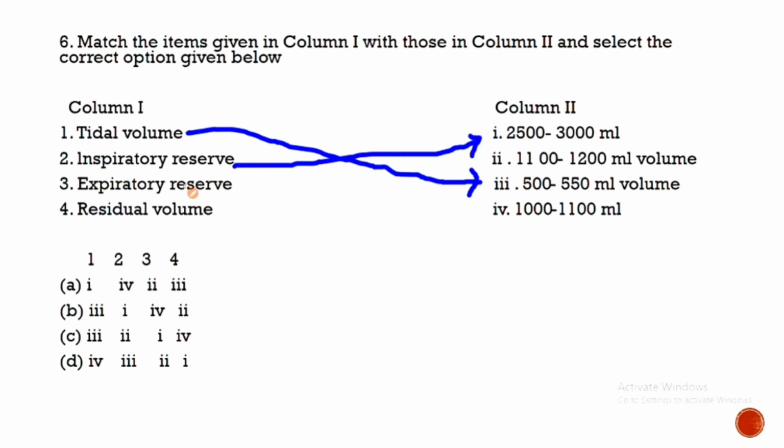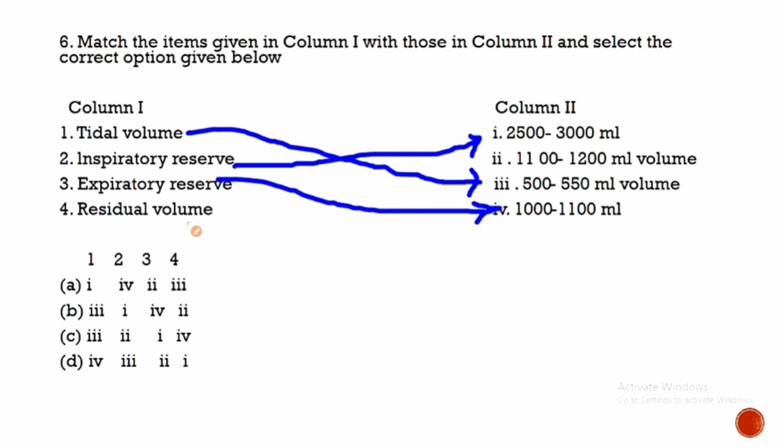Now expiratory reserve volume is the extra amount of air that we can forcibly expire. That volume is between 1000 to 1100 ml.